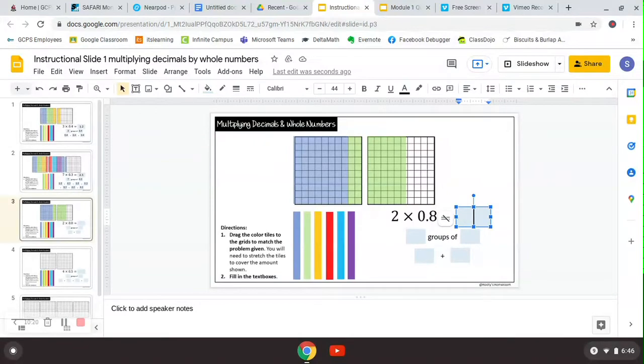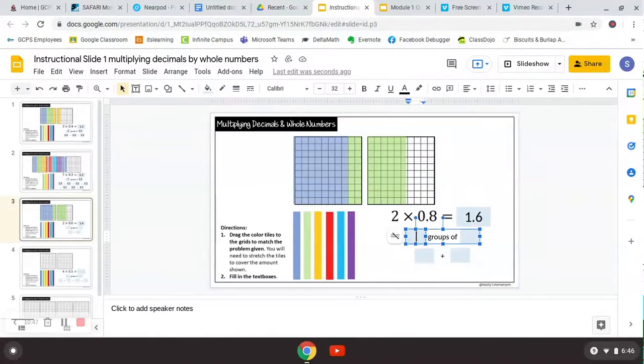So first we look at our whole numbers. How many wholes do we have? Just one whole. And then what's left is 1, 2, 3, 4, 5, 6 tenths. So 1.6 or 1 and 6 tenths is our answer.